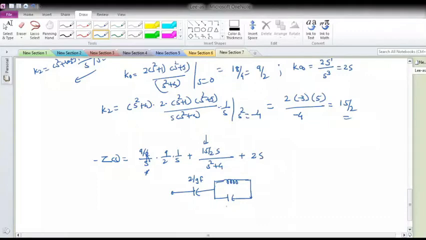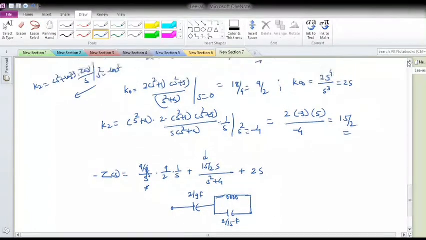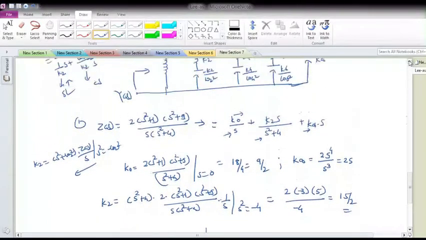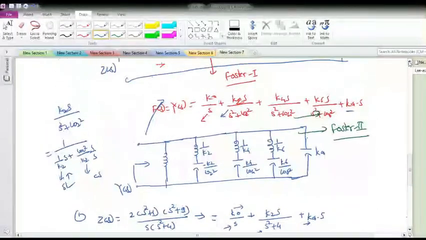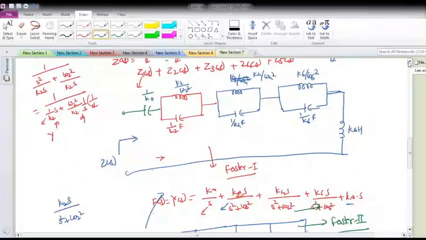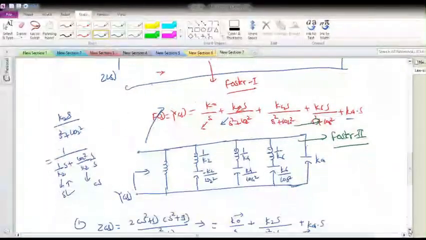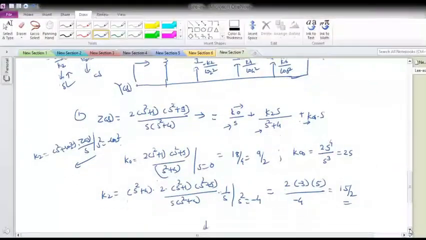And what is the value of C? That is 1 by K2, so this is 2 upon 15 farad. And then we see what the inductor value is. Here we can check, instead of that you can also calculate, no issue. It will be K2 upon omega 2 square. So what is it? 4.